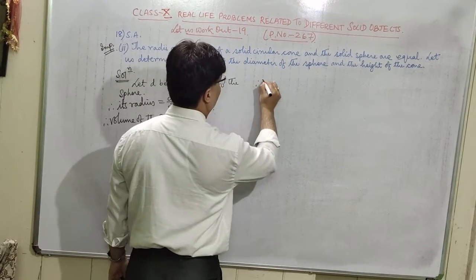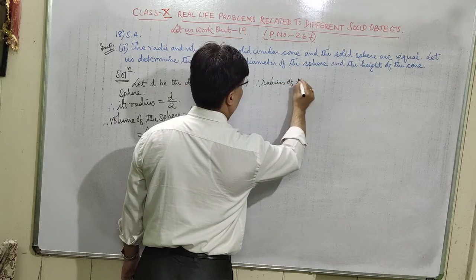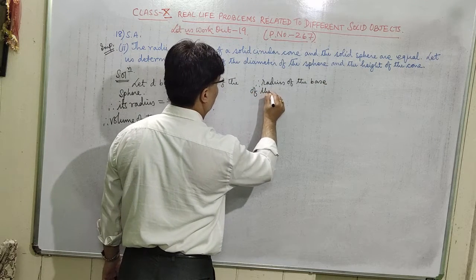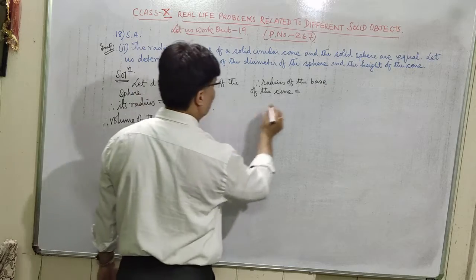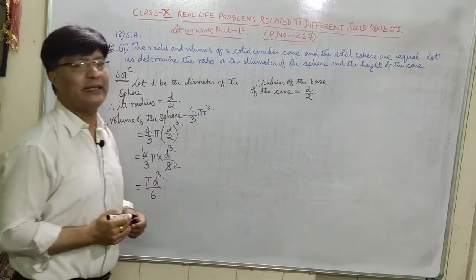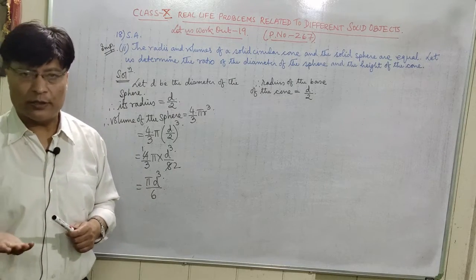So therefore the radius of the base of the cone is equal to d by 2, because in the question it is given that the radius of the base of the cone is equal to the radius of the sphere.